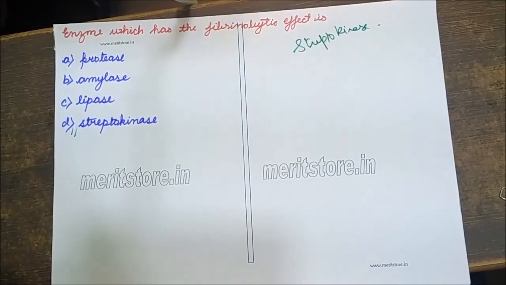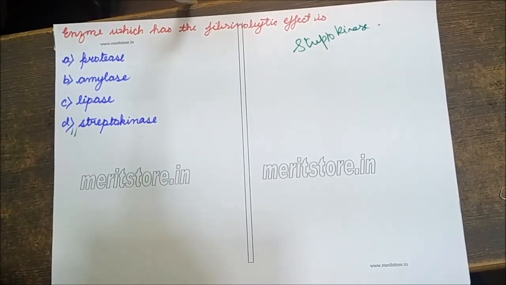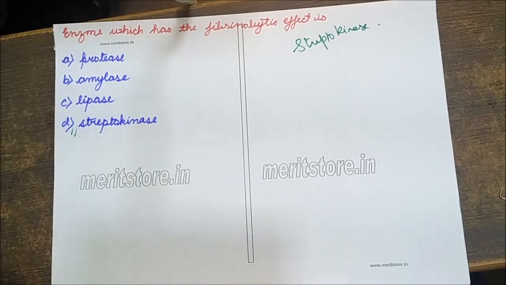Streptokinase, tissue plasminogen activator or TPA, is an enzyme obtained from the cultures of some hemolytic bacterium, Streptococcus, modified genetically to function as a clot buster.